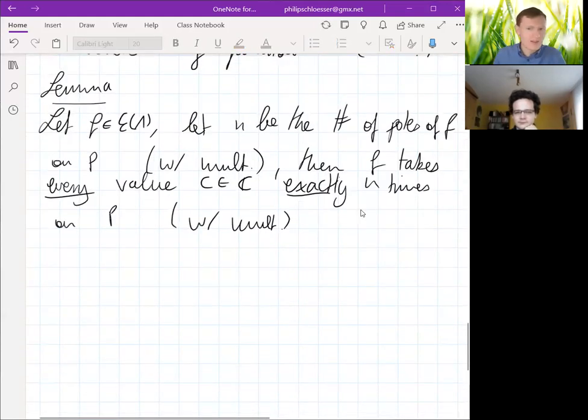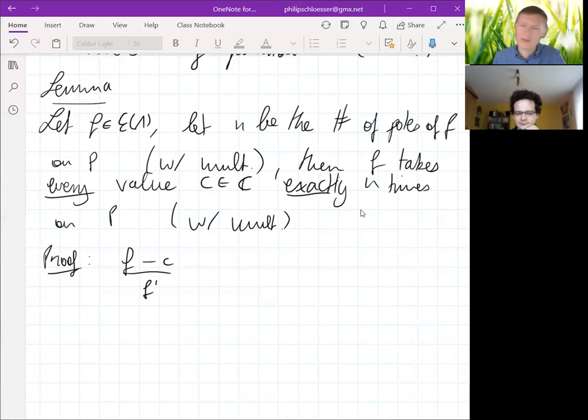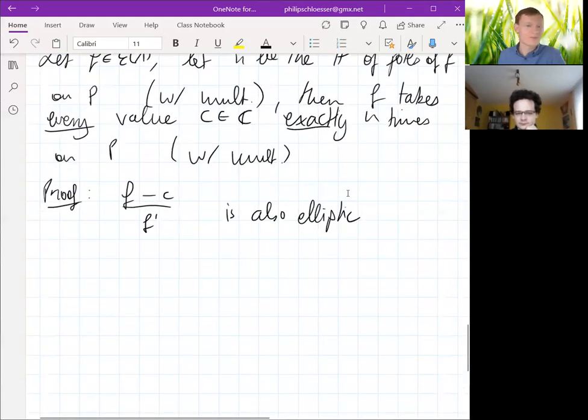So why is that? Well, f is elliptic, constant functions are elliptic, the derivative of f is elliptic, it forms a field, so f prime over f minus c is also elliptic. So the sum of the residues is 0.